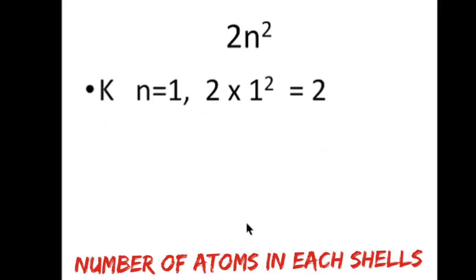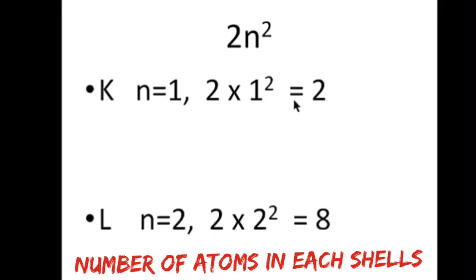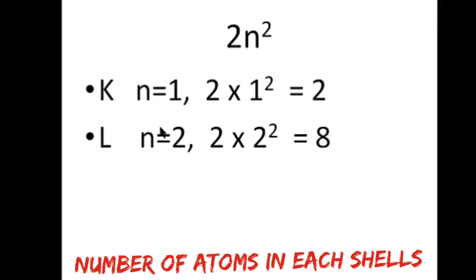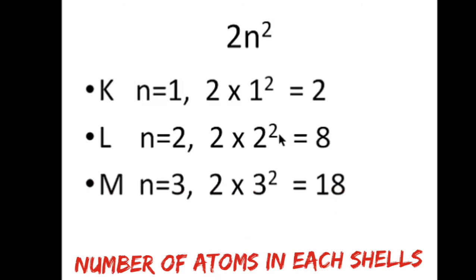First, let us see K shell. K shell n equal to 1. Therefore, 2 into 1 square equal to 2. Next one is L shell. In L shell, n equal to 2. That is 2 into 2 square. That is 8. So, 8 electrons will be there in the L shell. Then, M shell.